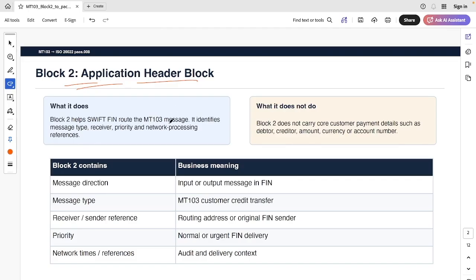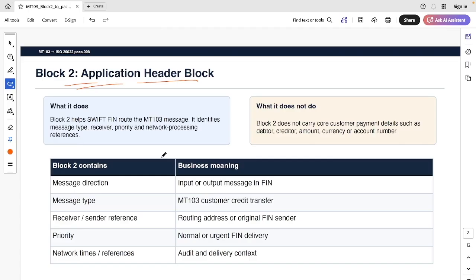Block 2 helps the SWIFT FIN network determine how the MT103 message should be handled and routed. It tells SWIFT whether the message is being submitted into the network or delivered out of the network. It also identifies the message type, the receiving institution, the delivery priority, and certain network processing instructions.